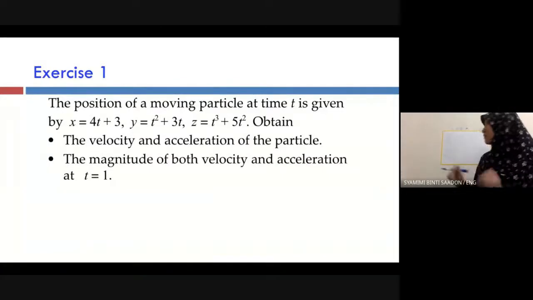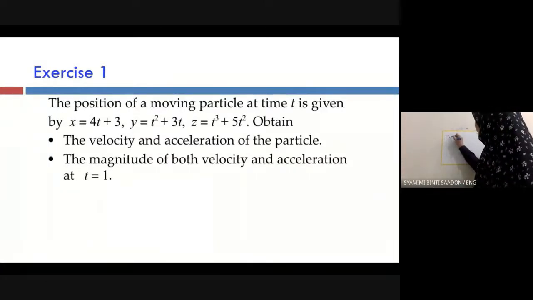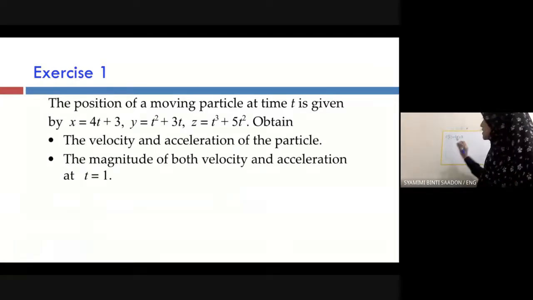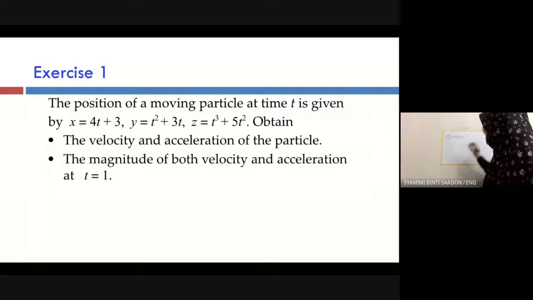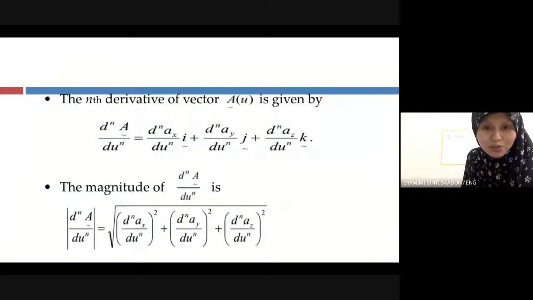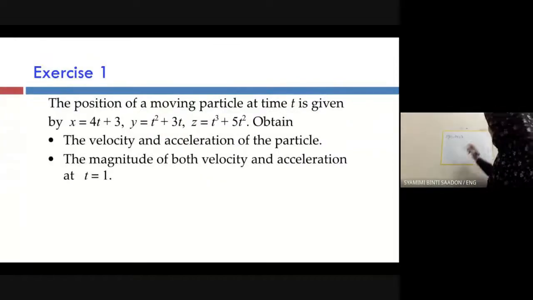If you write vector r, the position r, is (4t plus 3), the component on the x-axis, with the unit vectors ijk, i, plus (t square plus 3t) j plus (t power of 3 plus 5t square) k.